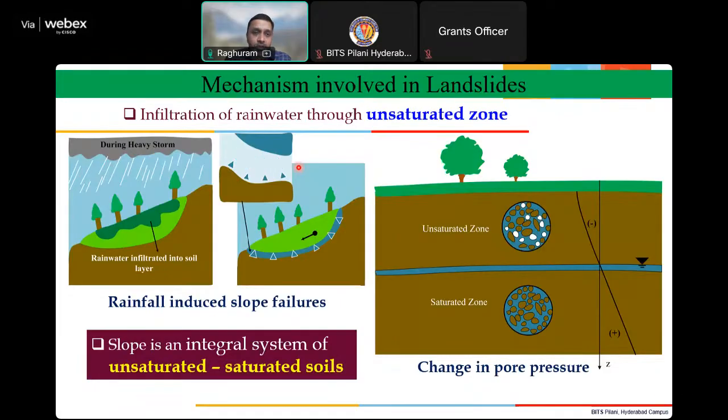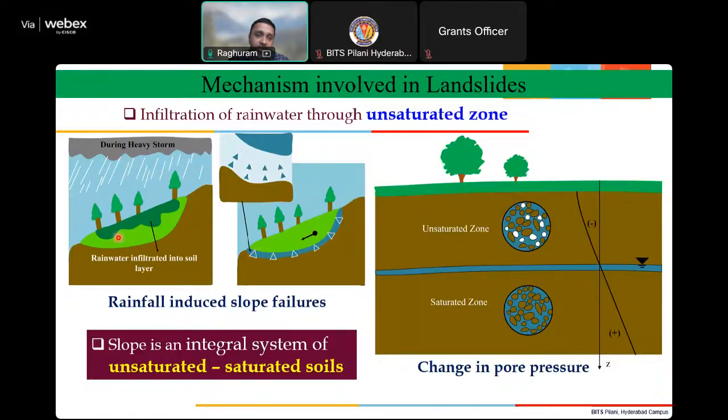If we look at the mechanism that is involved, this is what happens. When there is rainfall, initially the soil is in dry condition. But when the rain infiltrates into the soil, the soil becomes wet and slowly the pore water pressure develops. It increases the pore water pressure, and this pore water pressure pushes the particles away. You can see on the slide, this is the water.